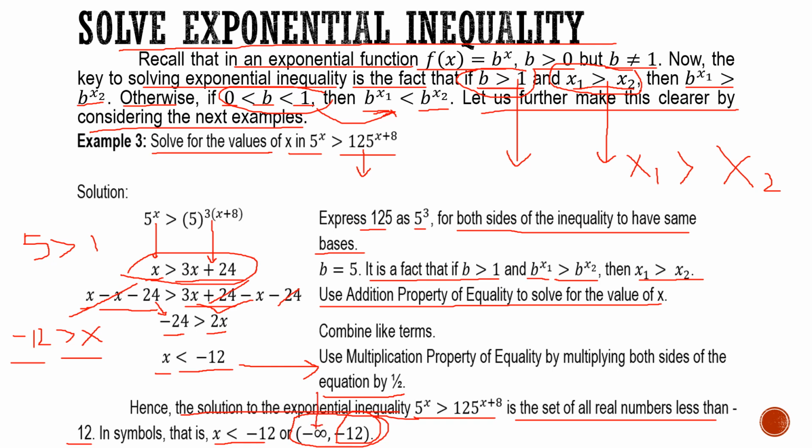All your values of x will be less than -12. So meaning to say, all real numbers which are less than -12, that is the value of your independent variable in this exponential inequality. So that's how we look for the value of your variable x, and that's how we solve this exponential inequality.